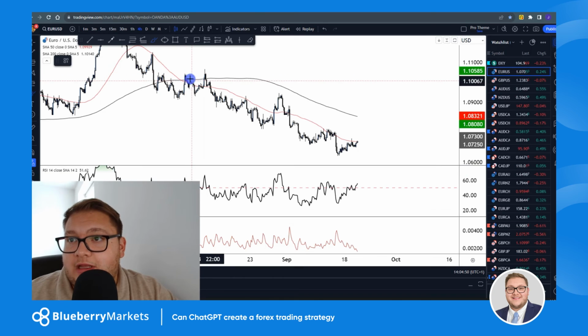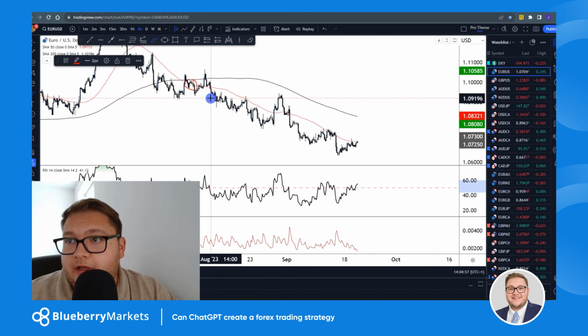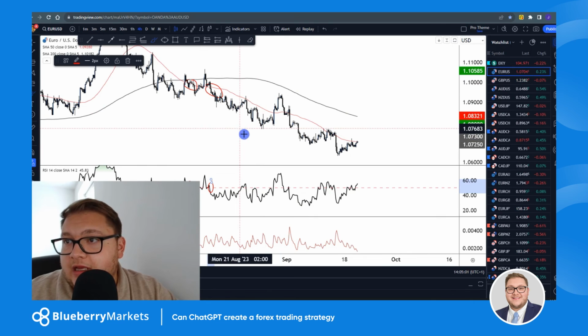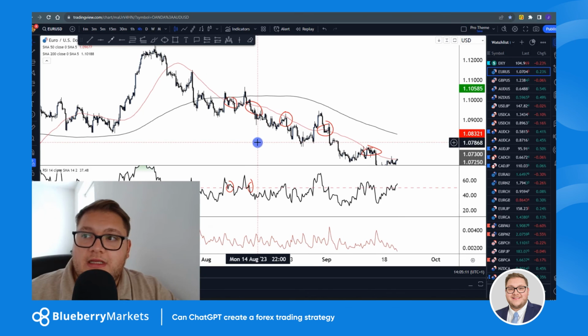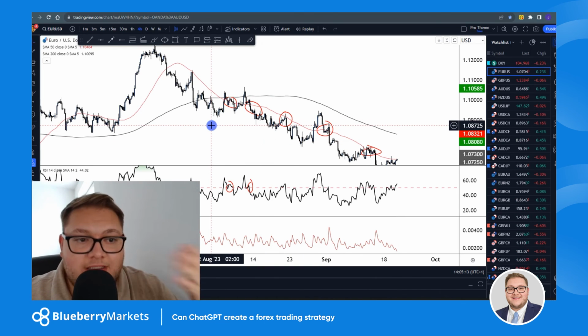So for instance, here we get a shift where the market goes below the 50 again, we come back above it, and then we go back below it. So around here would be our entry points. Every time we come into the averages and we get that 50, then we can look for possible opportunities around these areas here. And that just increases your opportunity as the trend continues.